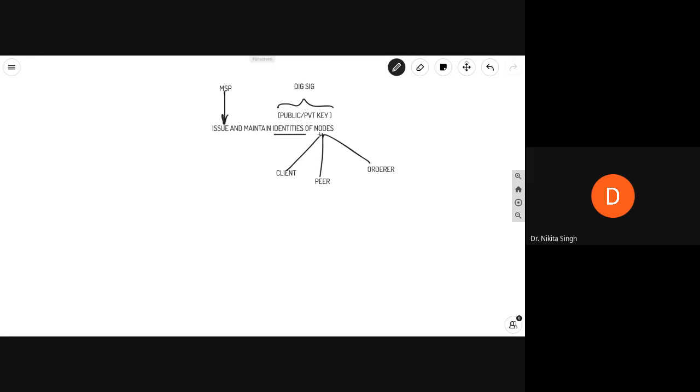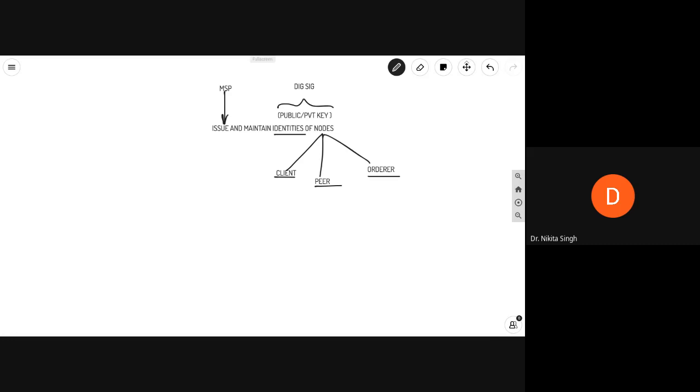We are saying that in Hyperledger Fabric, we have three kinds of nodes. We have clients, we have peers, and we have orderers on the network. Nodes here are taking up one of the three roles. Now, the most common that we know about is the peer.